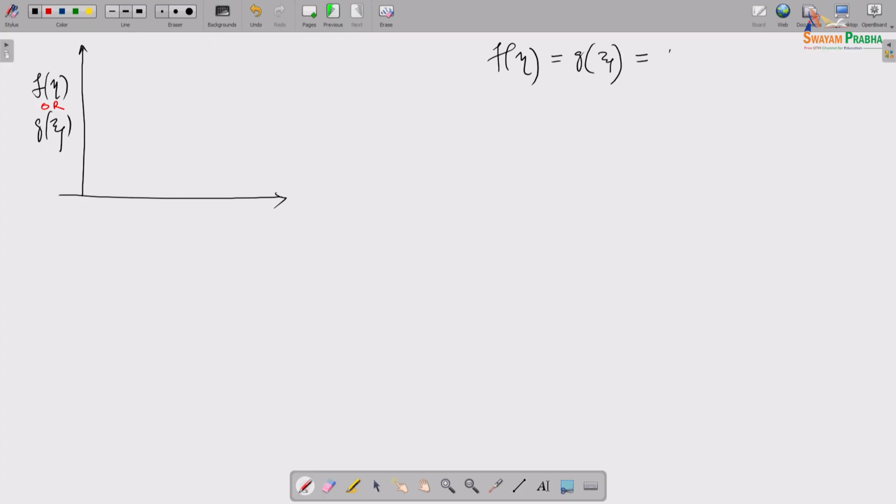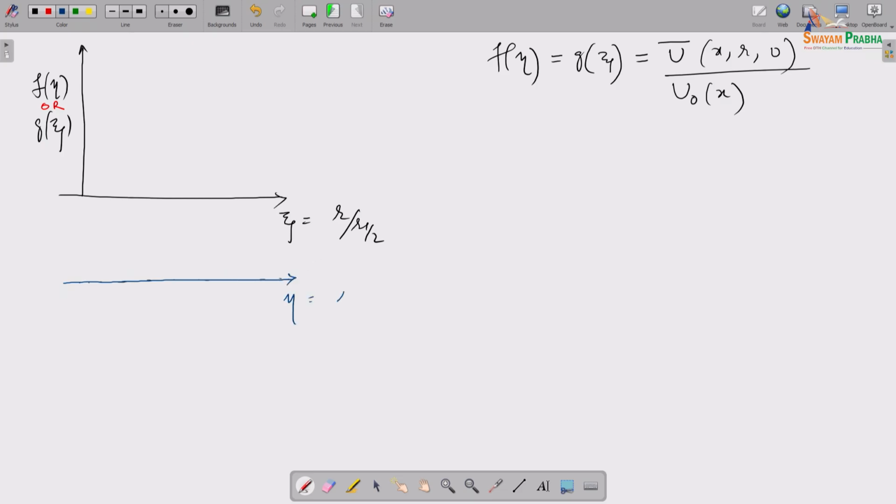Zeta is equal to r by r half, and it could be eta also. Or let us just say eta is equal to r by (x minus x naught).